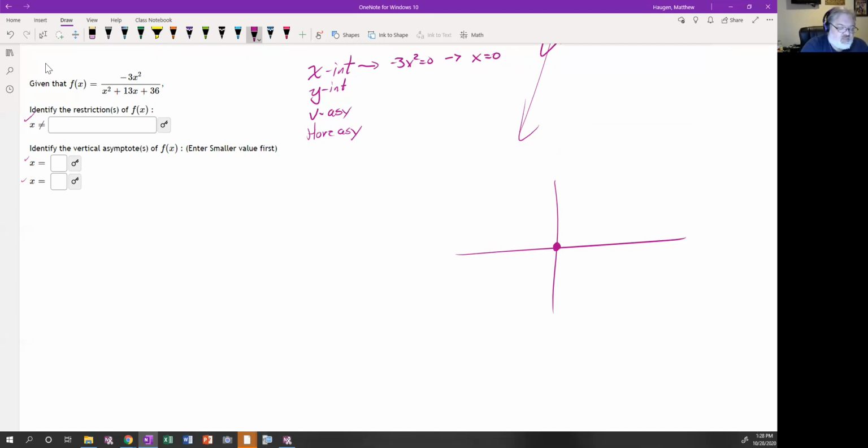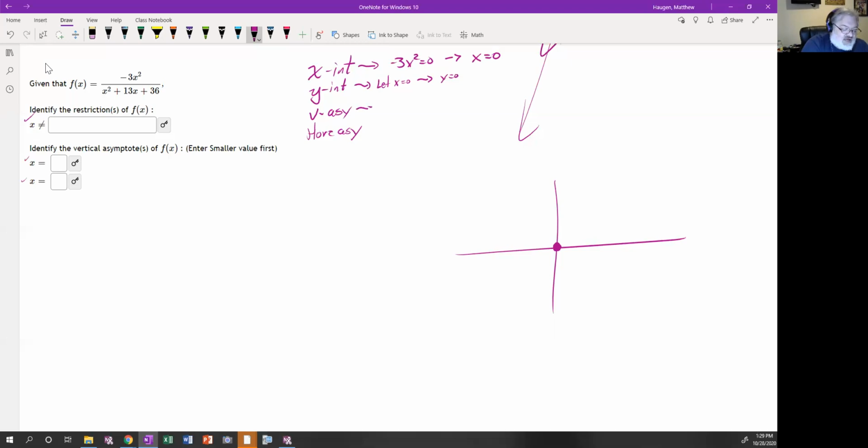To find the y-intercept, let x equal 0. When x equals 0, we get 0 over 36, which is 0. So that's again our y-intercept at 0, 0. That's nice, except zeros often throw people off. People get worried when zeros keep popping up. But with no constant term in the numerator, that's going to happen.